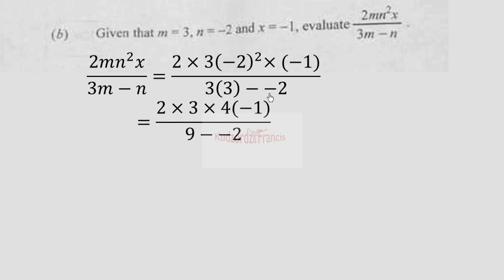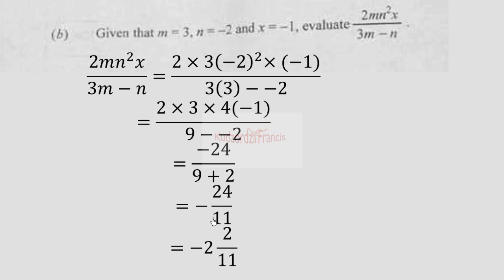Then the -1, multiply all this. 2 times 3 times 4, 2, 3, 6. This will give you -24 over 9 plus 2, which is -24 over 11, and that will be -2 whole number 2 over 11.